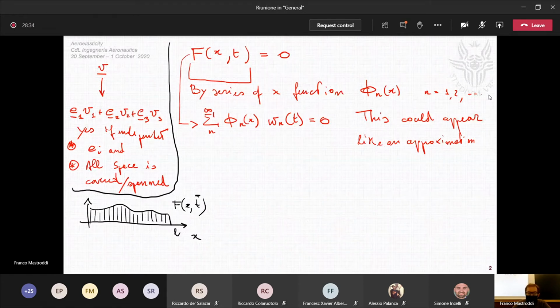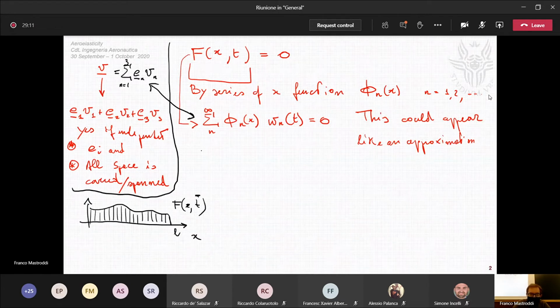Okay, so you are practically in front of a vector of infinite dimension, a function. And in parallel, here you can represent this vector as the sum of three base vectors combined by the components, En vector by Vn, and this is exactly the same we did here for the function.